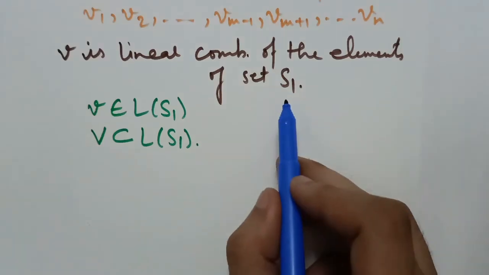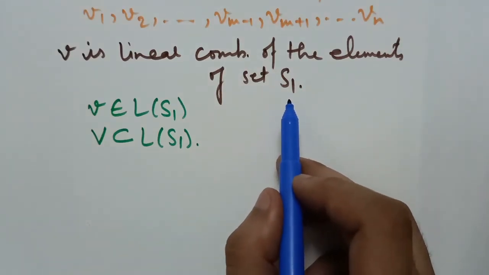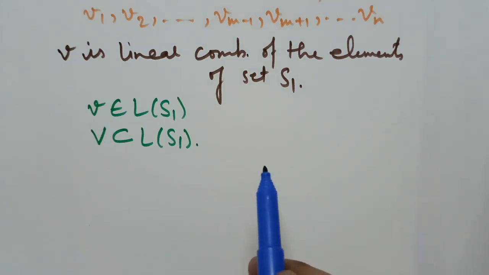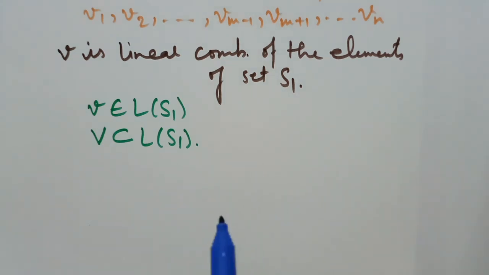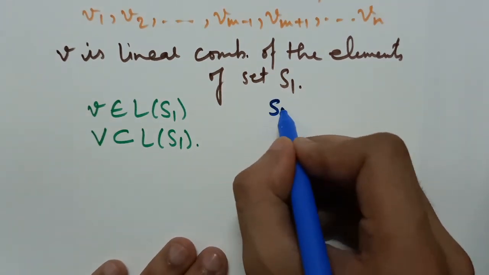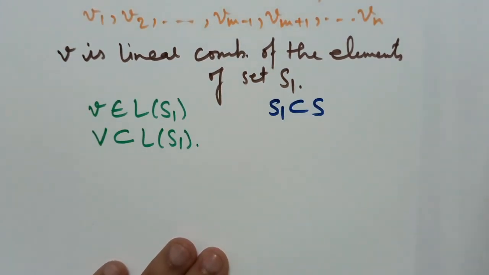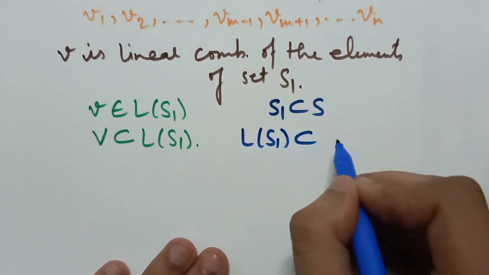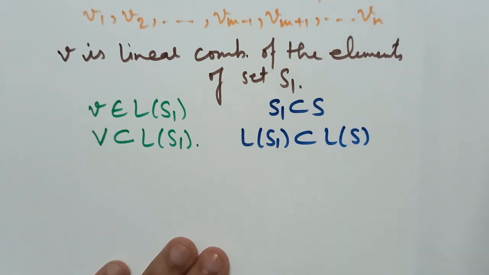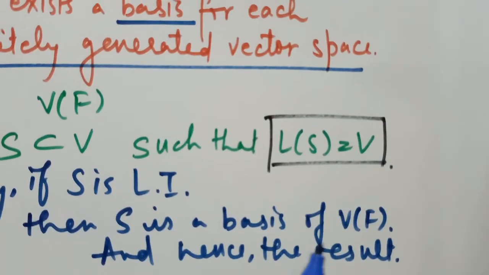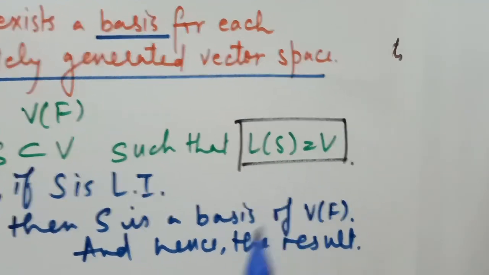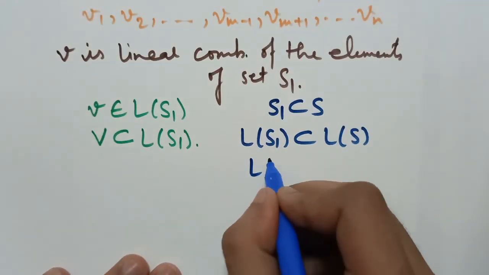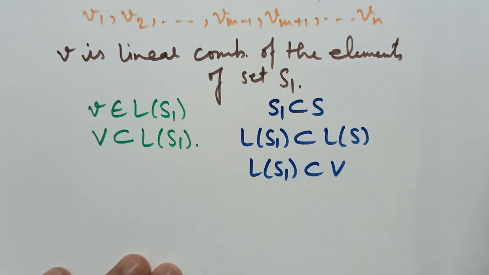Now since S1 is a set with Vm not present in it, and S is a set with Vm present in it, and the rest of the elements are the same in both sets, this clearly means that S1 is a subset of S, and by the property of linear span, the linear span of S1 is a subset of the linear span of S. And now if you remember that the linear span of S is equal to V, it means the linear span of S1 is a subset of V.